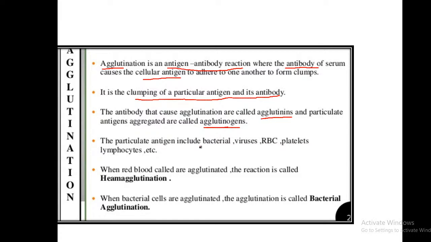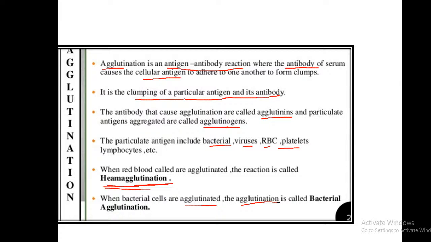Then the particulate antigen may be bacteria, virus, RBC, platelets, or anything. And when RBCs are agglutinated, that reaction is called clumping of RBCs, that is known as hemagglutination. When bacterial cells, RBC ആണ് agglutination നടക്കുന്നതെങ്കിൽ that is hemagglutination എന്ന് പറയും. അല്ല bacterial cells ആണ് agglutination നടക്കുന്നുള്ളത്.